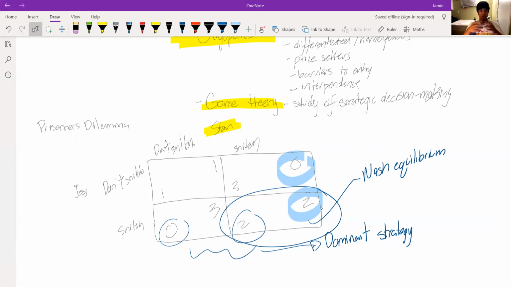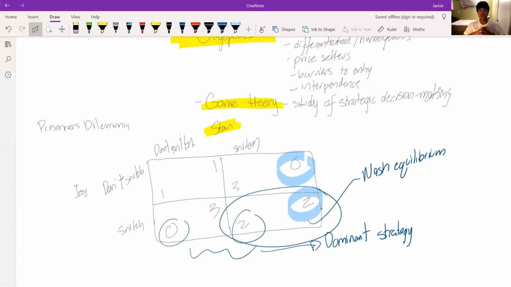And this also applies to firms in an oligopoly. For example, OPEC, the Organization of Petroleum Exporting Countries. They are a set of several countries that produce oil. They all got together, formed pretty much an alliance, and set the quantity of oil they want to produce, and they all abide by that.